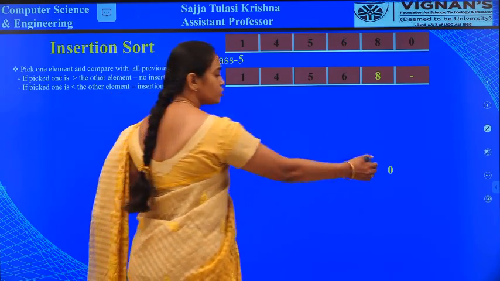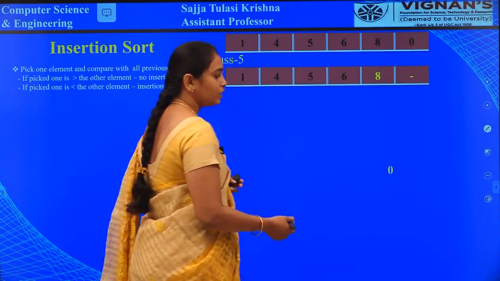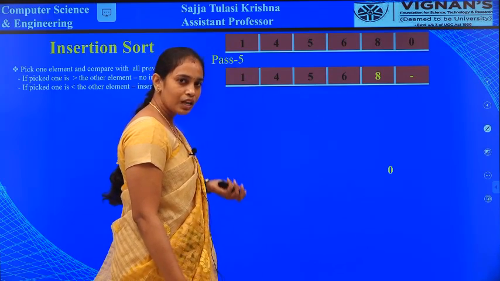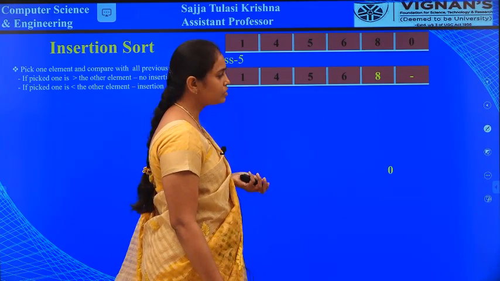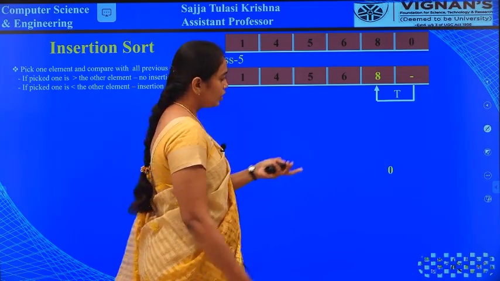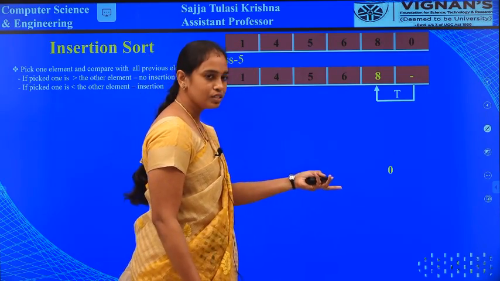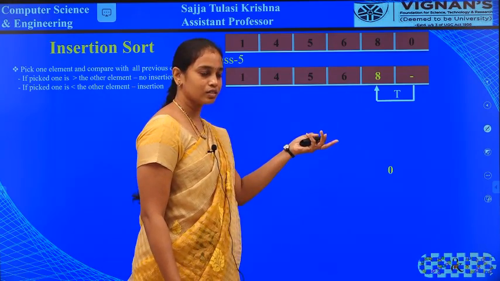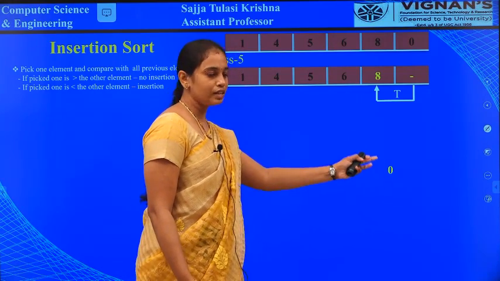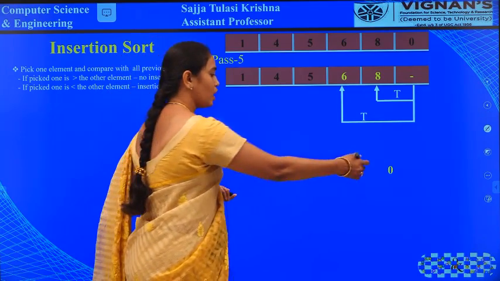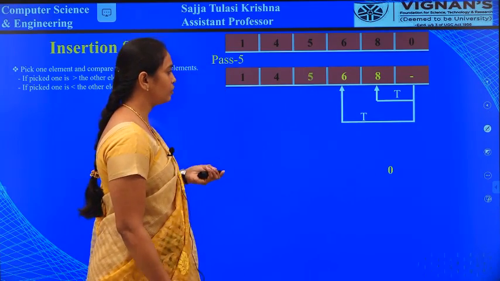Now see. So 0 is compared with 8. Is 0 less than 8 or greater than 8? Less than 8. So the condition is true. Next, the 0 is compared with 6 now. So again, is 0 less than 6 or greater than 6? Again less than 6. So the condition is true again. So now 0 is compared with 5.